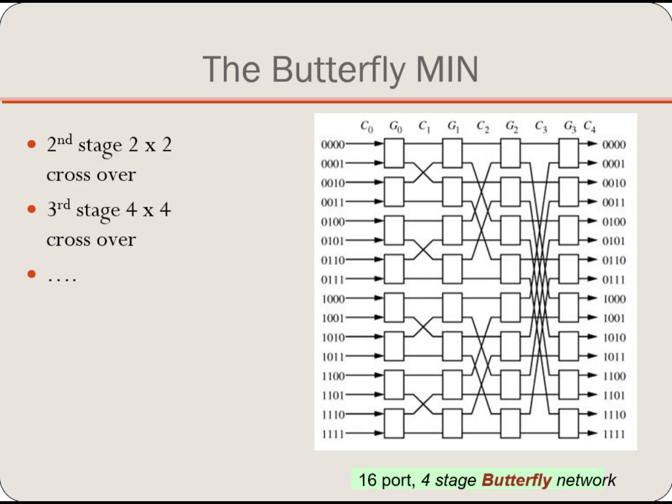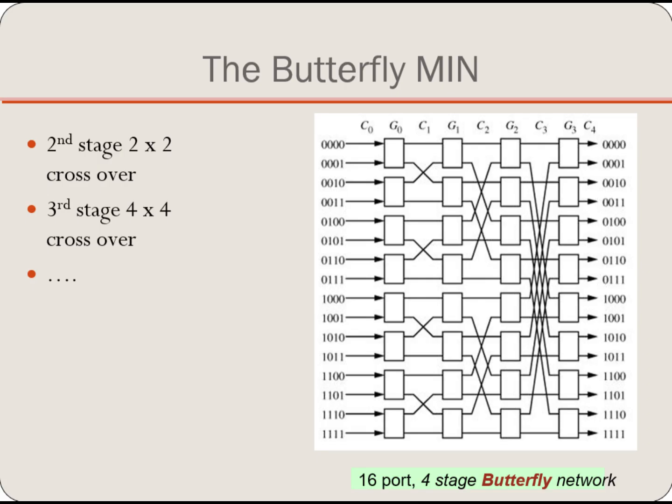So shuffle, inverse shuffle and crossover are the three most commonly used permutation patterns. You can combine these together to construct your own network with some specific characteristics.